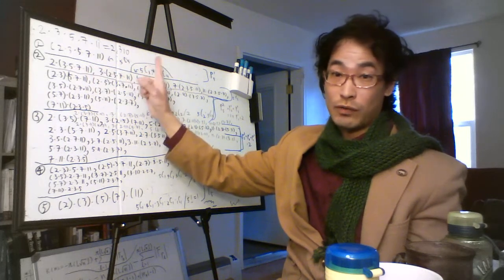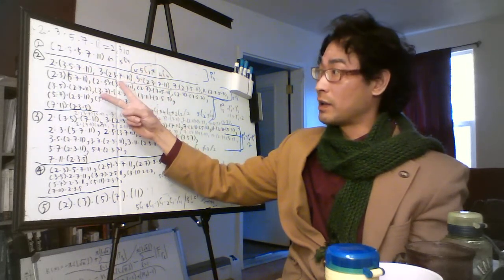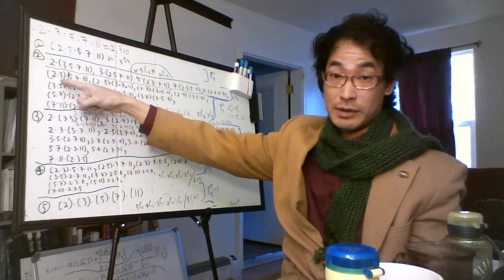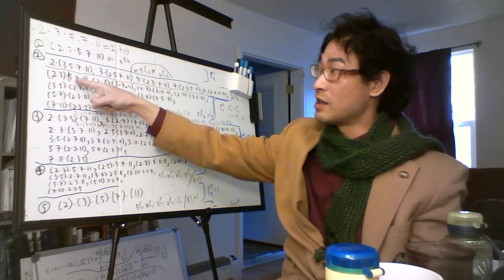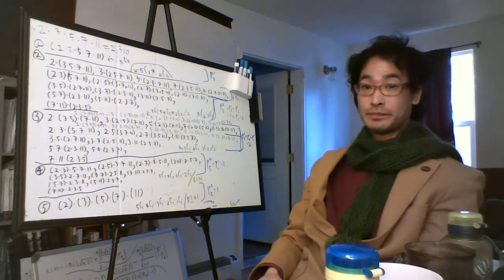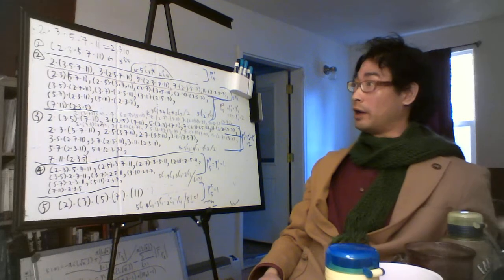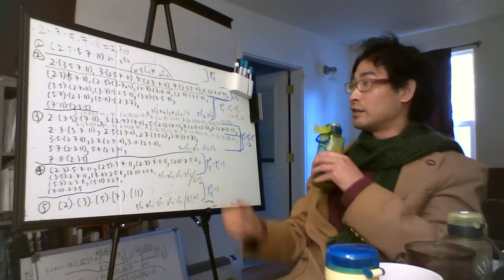That's the first subcategory. Second subcategory: first number contains 2 primes, second number contains 3 primes. And that's that.